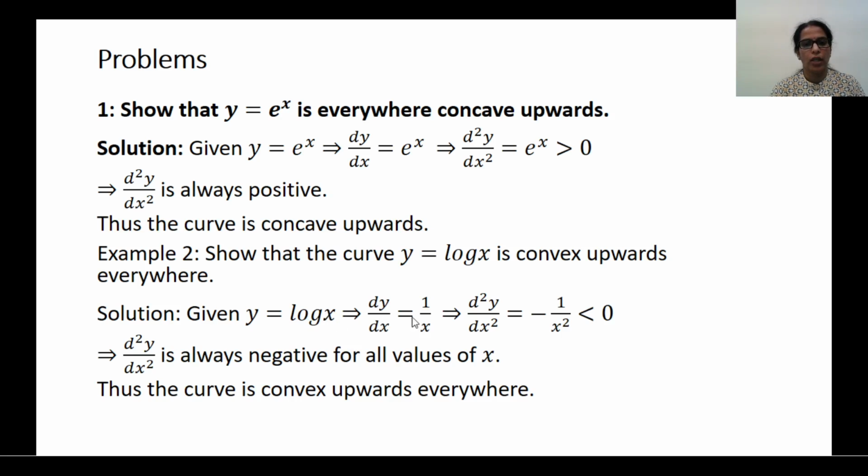The first derivative is 1 by x. The second derivative is minus 1 by x square, which is less than 0. So d square y by dx square is always negative for all values of x. Therefore, this curve is convex upwards everywhere.